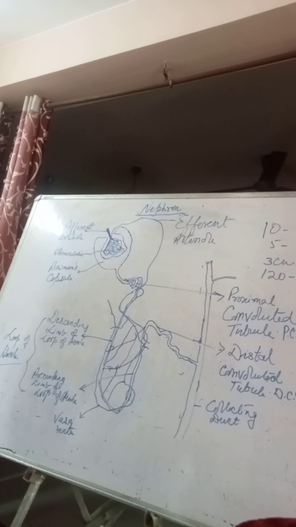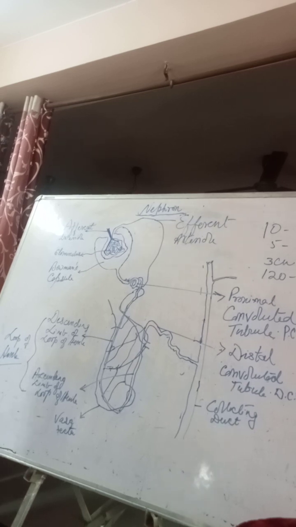So, students, now I am discussing the human excretory organs and the human excretory system. The human excretory organ is the kidneys, a pair of kidneys, reddish brown in color.